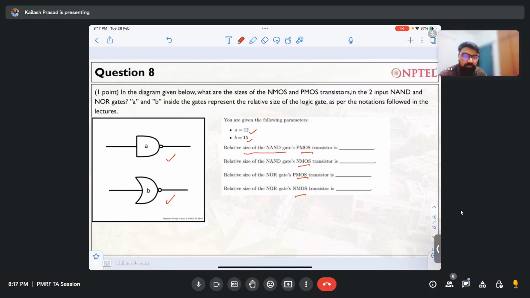So for the NAND gate, this A is 12. For the NAND gate it will be 2 PMOS. Just a minute.